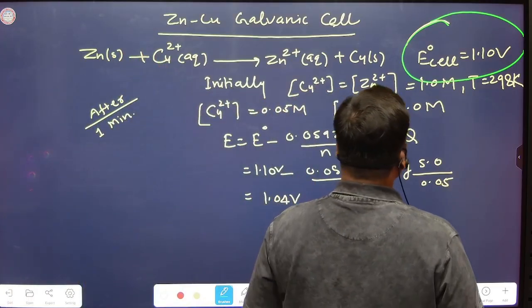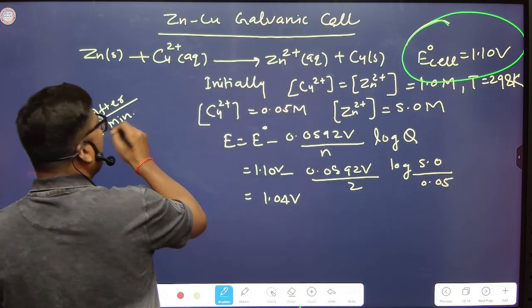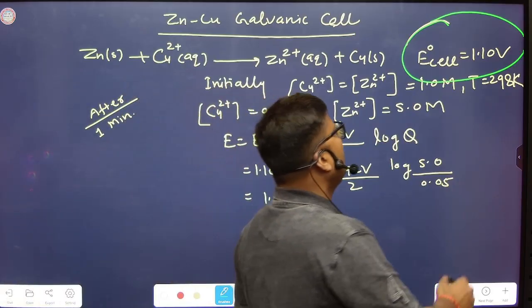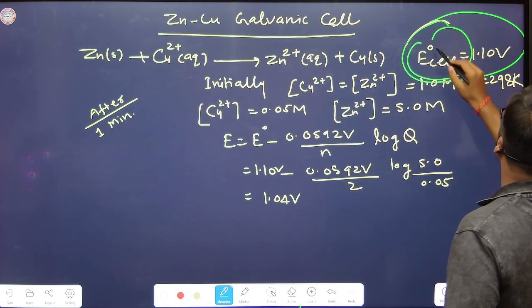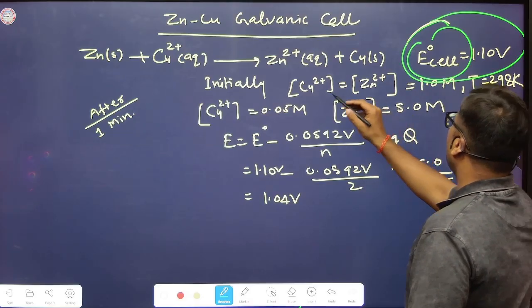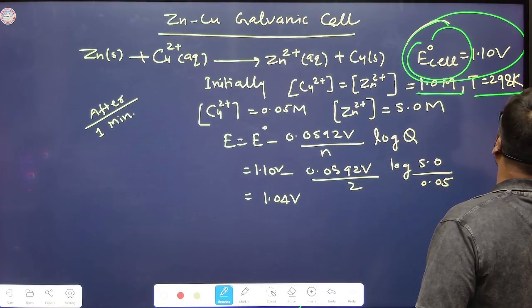Now suppose after 1 minute we want to calculate the cell potential. The initial standard cell potential is 1.10 volt, which means the concentration of copper 2 plus and zinc 2 plus is 1 molar at 298 Kelvin.